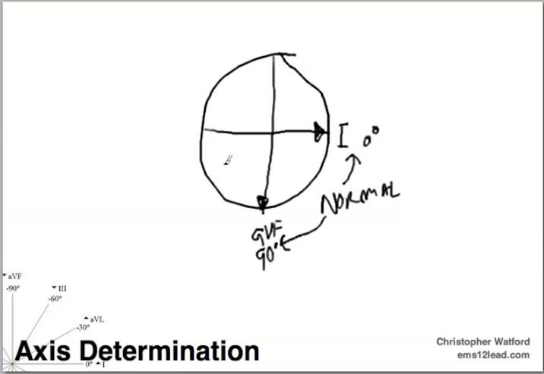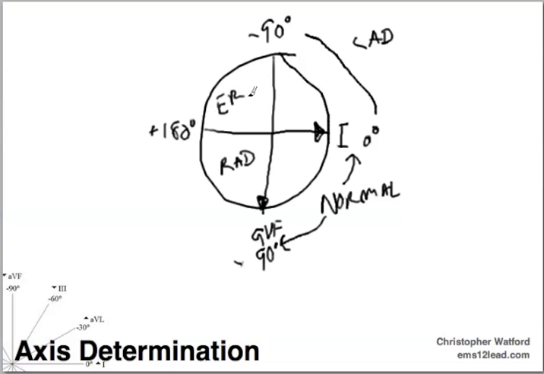This would be right axis deviation from 90 to positive 180. Up here we have left axis deviation from 0 to negative 90. And then from negative 90 to negative 180 is extreme right axis deviation, or no man's land.